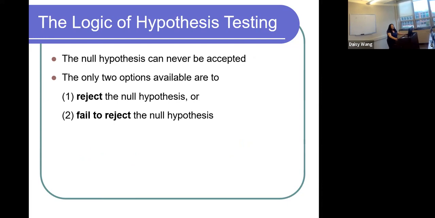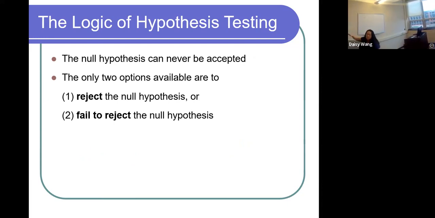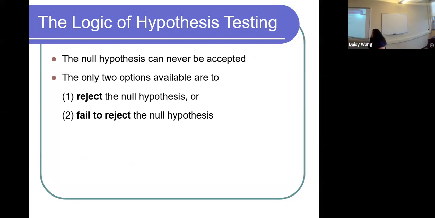The null hypothesis cannot be accepted. We cannot say, okay, we failed to reject, so we accept that. We just say we failed to reject. It is either reject or fail to reject.